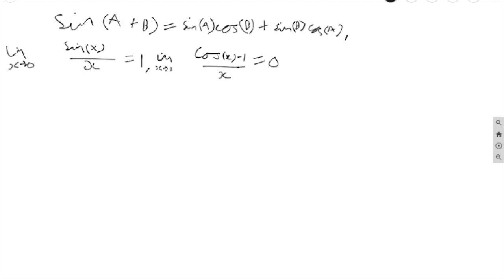So what we're going to do to prove that sine differentiates to cos is just use the definition of differentiation, which we covered in our first video. If you're not comfortable with that, I'll link it below.